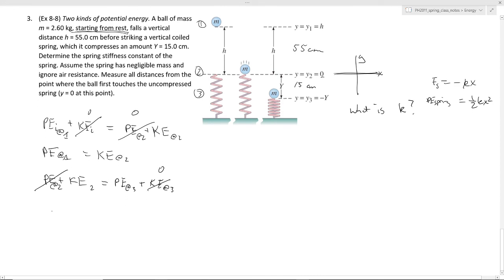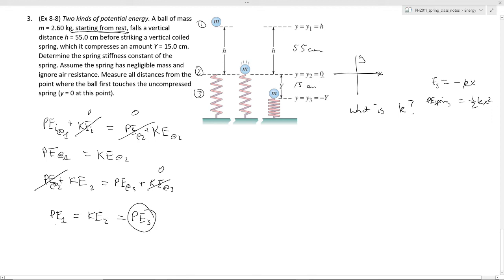So we could also write this as, potential energy 1 is going to equal kinetic energy 2 is going to equal potential energy 3. So really, we're interested in the spring constant, so we need to see what's inside here.